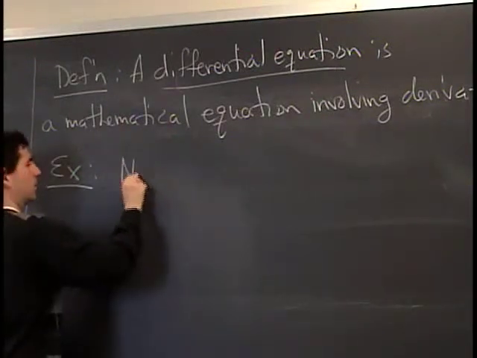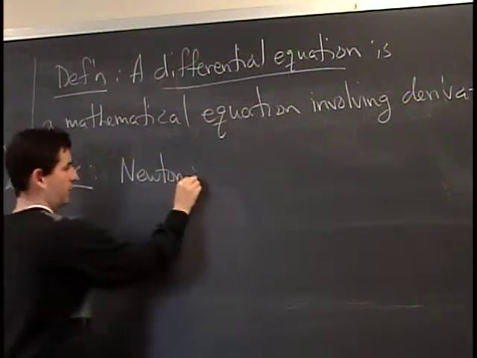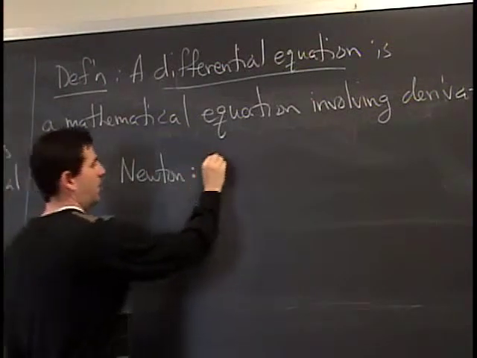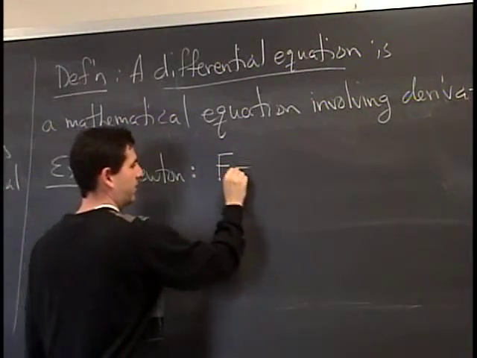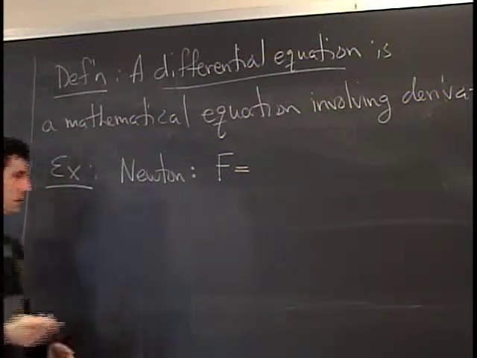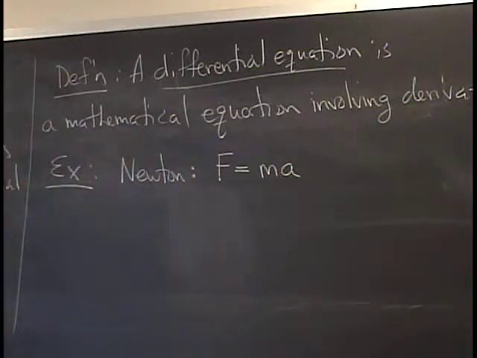So Newton, he's going to be involved with a lot of differential equations. Of course, Newton invented a lot of this stuff. And Newton's second law says that force equals what? MA, mass times acceleration. Well, I claim this is a differential equation. Why?